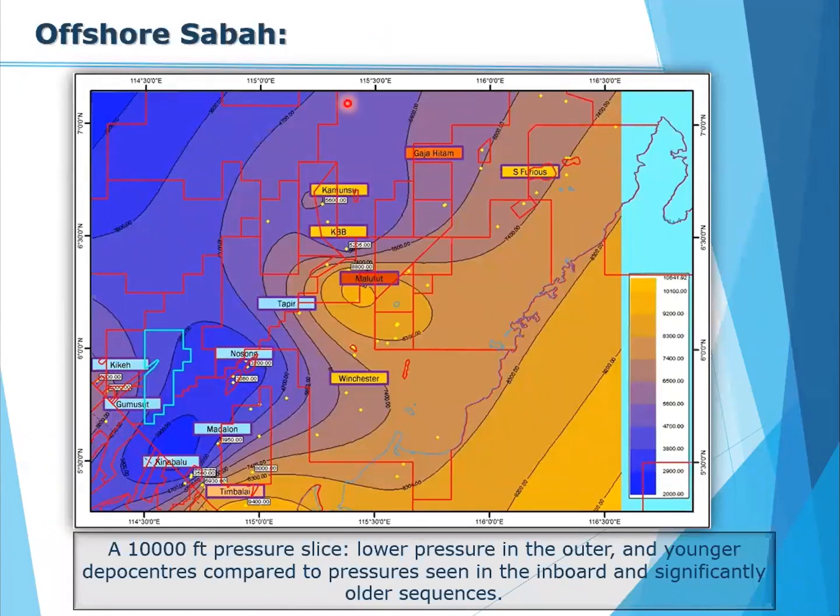Here we are in Sabah again, on the border with Brunei. We have again a slice of the basin, but this time it is a pressure slice at 10,000 feet. In that particular area, maybe pressure is more important than temperature in some way, but it correlates also. So low temperature and high pressure correlate with each other in some places. The yellow areas, interestingly, have high temperature, but the pressure can vary a lot.